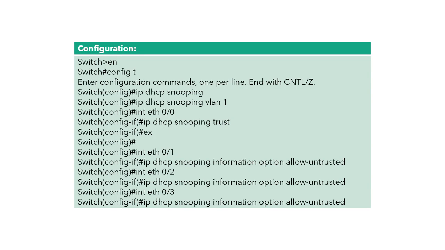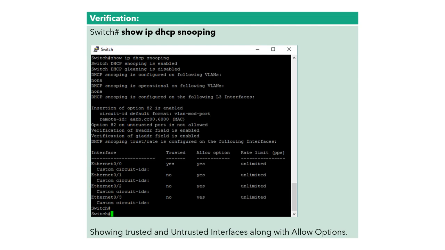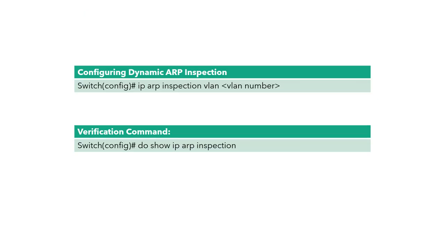And here's the configuration on a Cisco switch for this. And here you can see a show ip dhcp snooping on the Cisco switch, which also gives the information of the configuration.